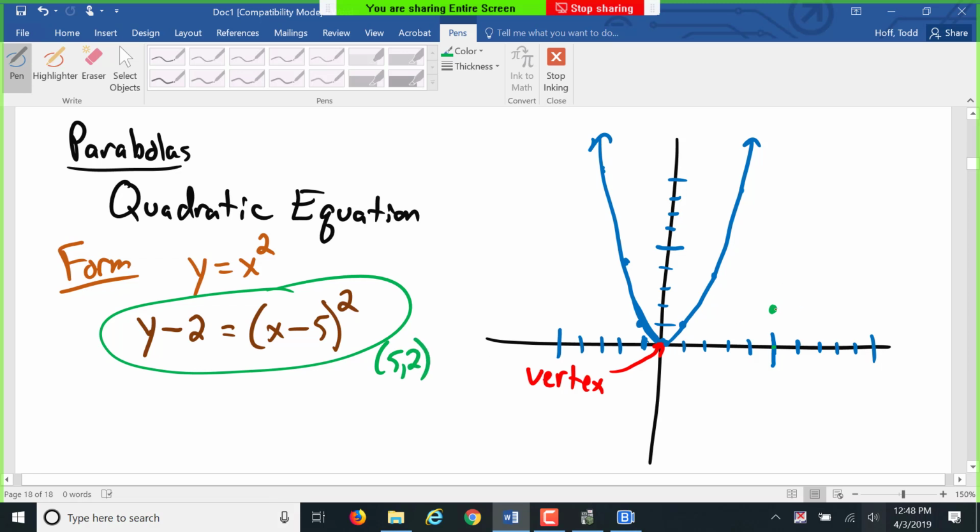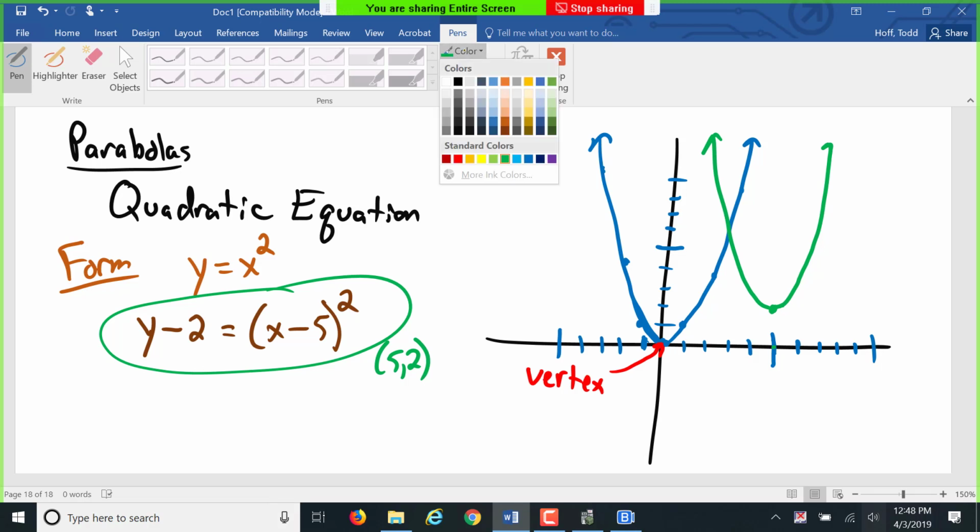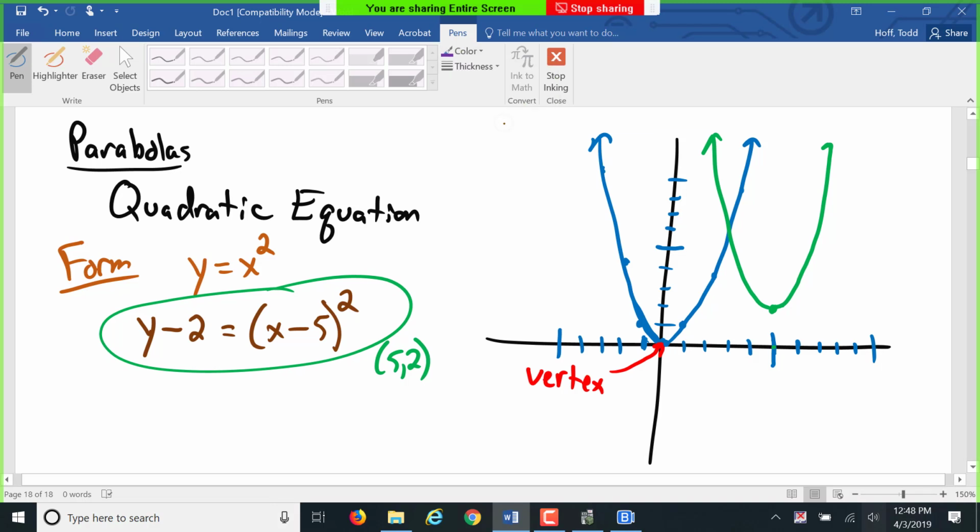So the vertex of that parabola moves to (5, 2). The rest of its shape stays the same. Now, once again, in order to use function notation, this often gets rewritten as f of x equals, we add the 2 to put it to the other side, x minus 5 squared plus 2, like that.